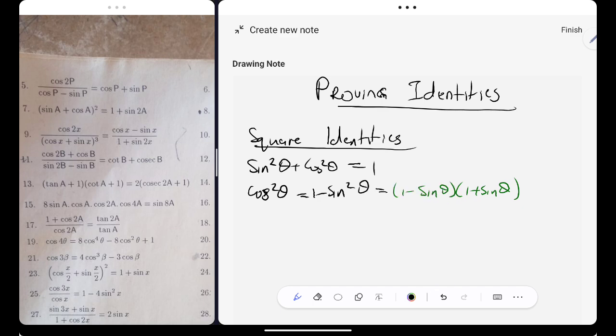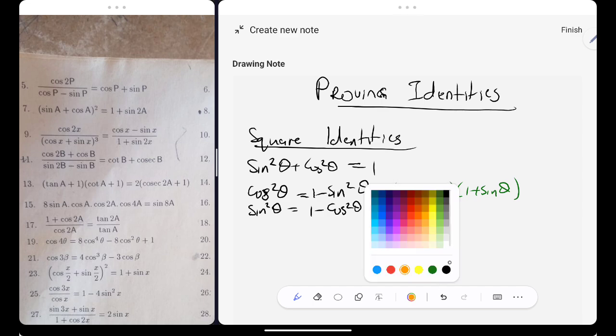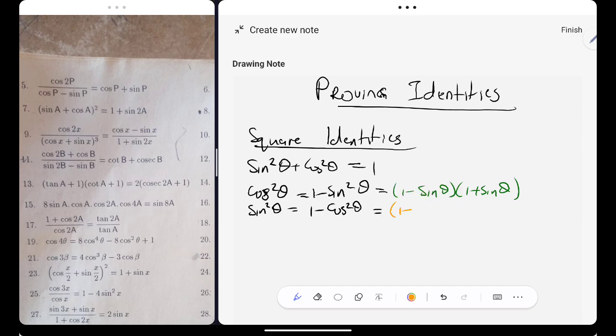Then the third identity, I have sin squared theta, which can be written as 1 minus cos squared theta, that can be further factorized into 1 minus cos theta and 1 plus cos theta, all together.